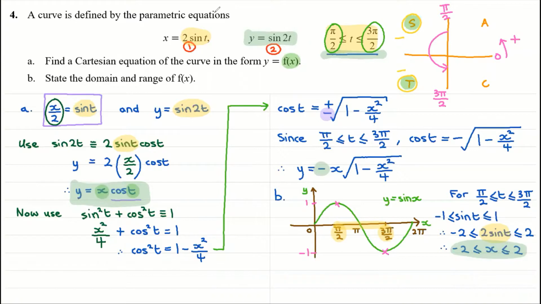So, for example, if I put in pi over 2 for my t value, it's going to return the same value as it would for pi, which would be there. If I put in pi over 4, it would return the same value as I would for pi over 2, which is the maximum. So you can see it's compressed. It's a scale factor of 1/2 in the horizontal direction.